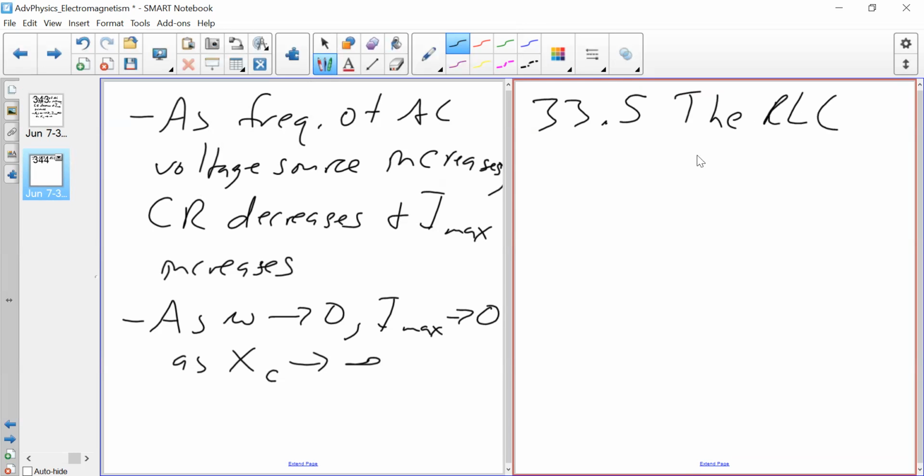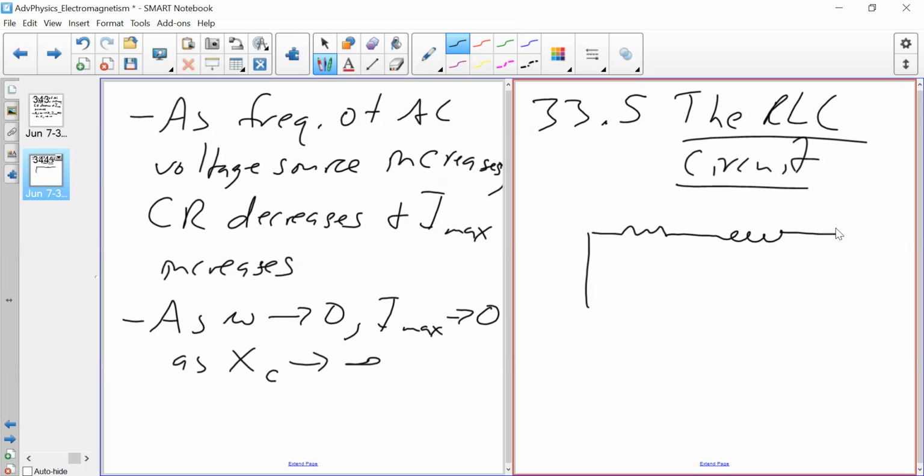This is the RLC circuit. We're going to combine everything here. Here we have a resistor, inductor, and a capacitor in series, and an AC source.